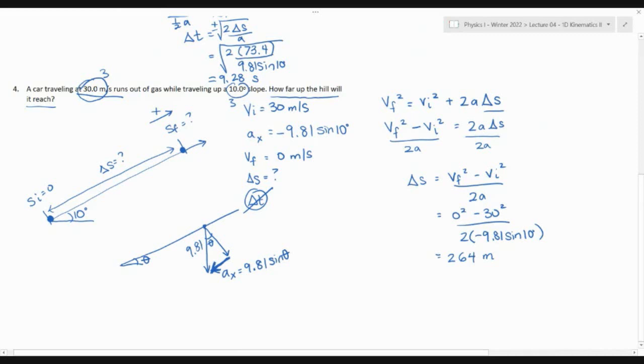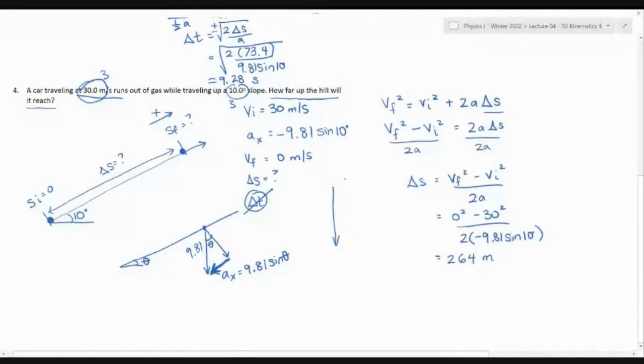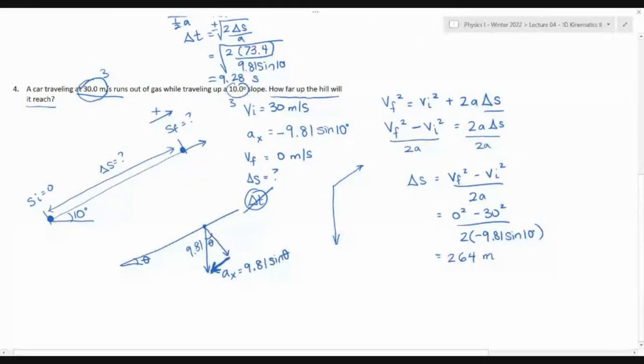So either the same or opposite direction, but on the same axis. You can't have an acceleration that points downwards and a velocity that's pointing up the ramp like this and use both of those numbers in a kinematic equation. It doesn't work. You need both of those vectors to point in the same or opposite direction, so on the same axis.